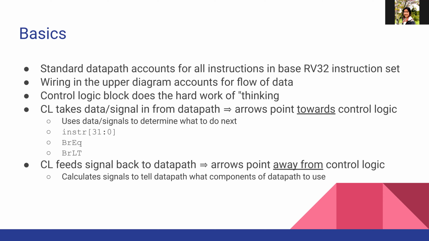Instead, we can couple it in with the execute stage. We'll see that later. Based off of what happens there, our control logic signals will change, because we might want to jump, or we might not. That will determine what execute does later on. So jumping back to this, going from control logic to data path are all the other signals that we have.